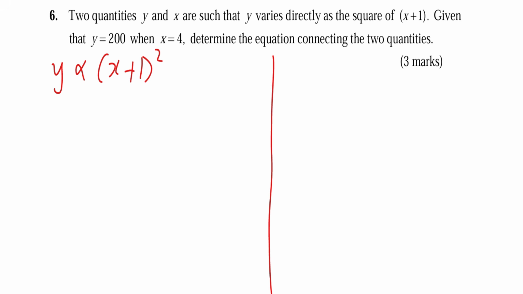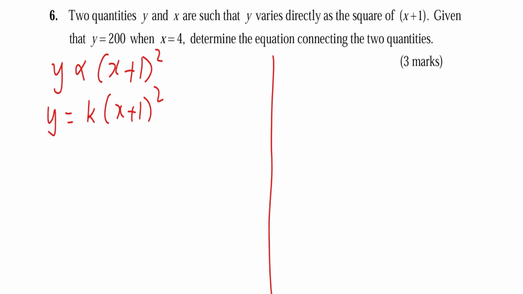Now we know that if you introduce an equal sign, you need to introduce a constant. So we prefer saying that the constant is k. So y equals k into bracket x plus 1 squared.